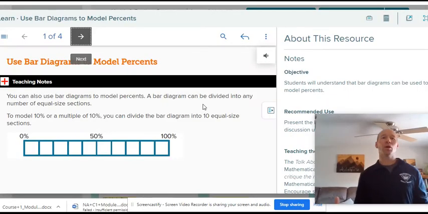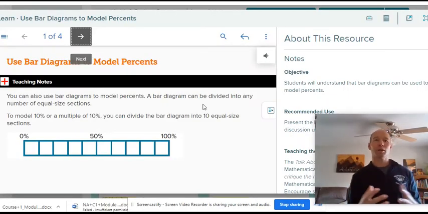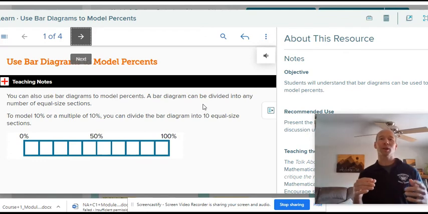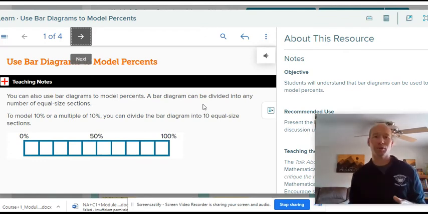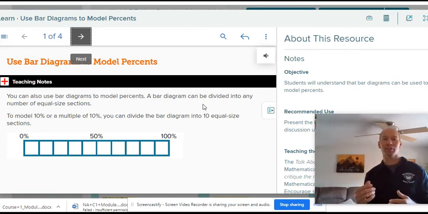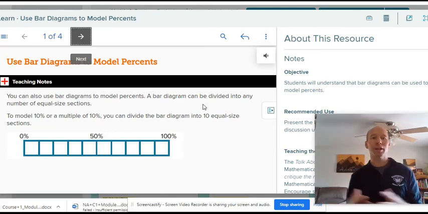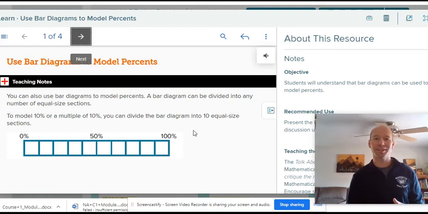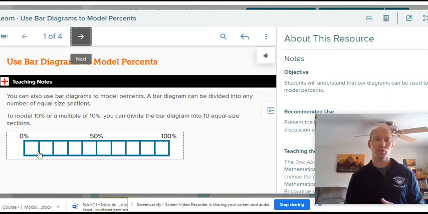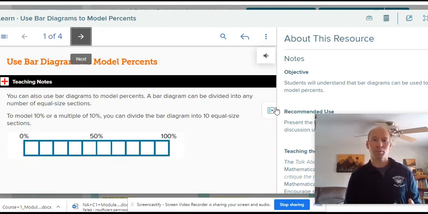Okay. Now we can also use bar diagrams to model percents. A bar diagram can be divided into any number of equal size sections. So to model 10%, you divide the bar diagram into 10 equal sizes. So we have 1, 2, 3, 4, 5, 6, 7, 8, 9 lines inside of our bar diagram to give us 10 different boxes inside of that bar.